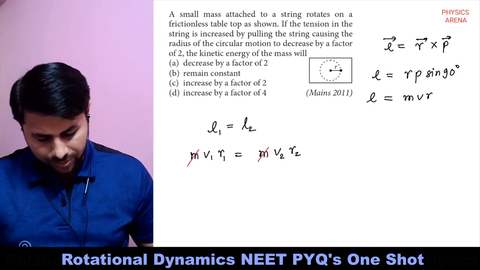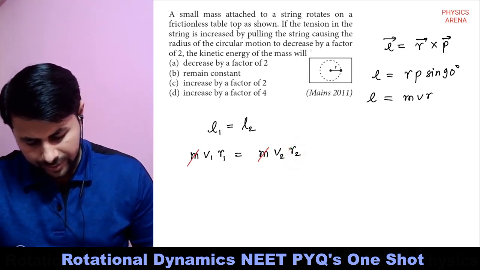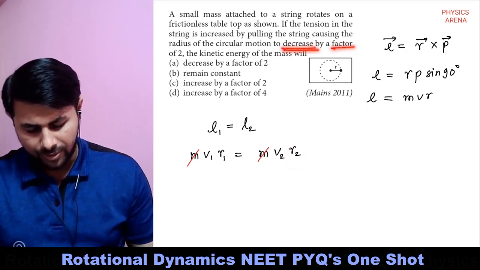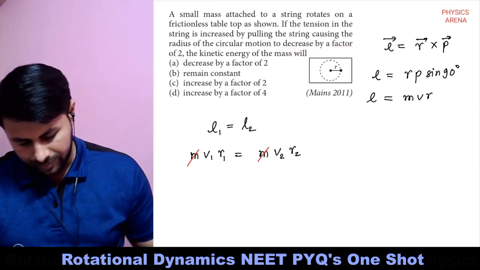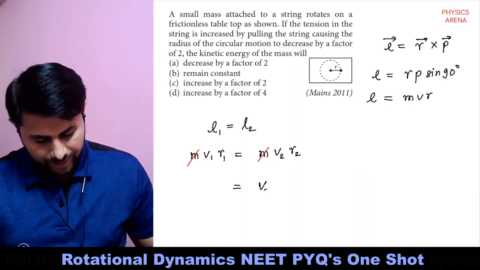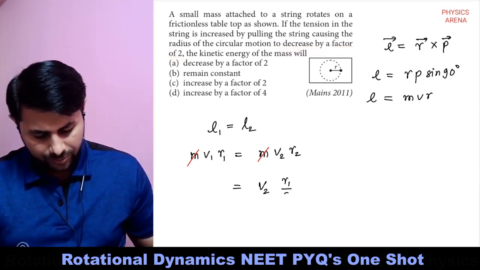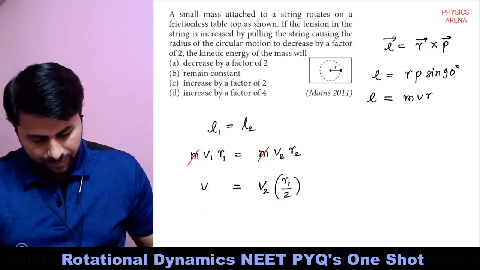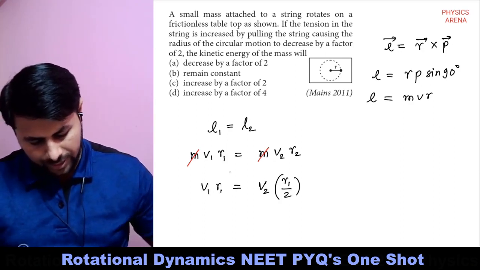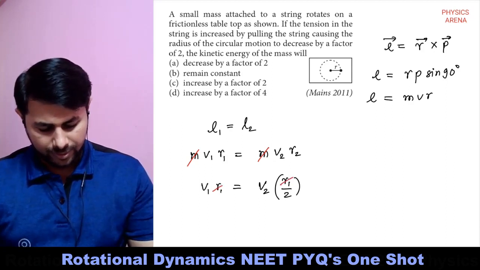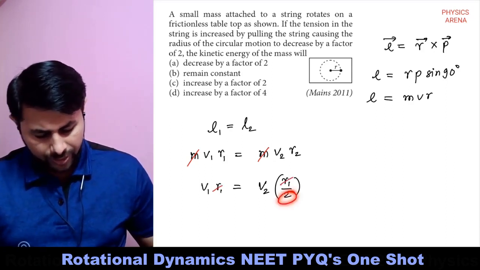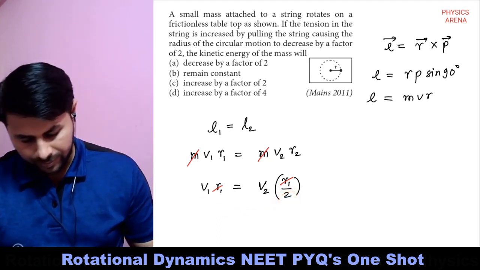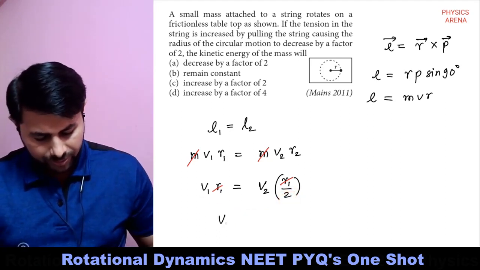And what is r2? So radius is decreasing by a factor of 2. That means it will be r1 divided by 2. Okay, it will be r1 upon 2, right? This thing gets cancelled. So therefore v2 will be equal to 2 times v1.